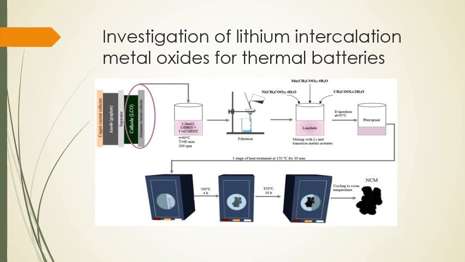Evaporation takes place, and the precursor is heated at 150 degrees Celsius for 30 minutes. From the starting chamber, the heat is transferred at 500 degrees Celsius for 4 hours, and the second chamber gives 850 degrees Celsius for 16 hours, followed by cooling to room temperature to give NCM. Finally, the output is lithium intercalated metal oxides.